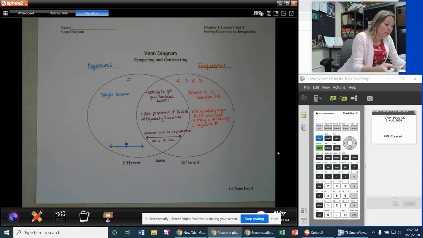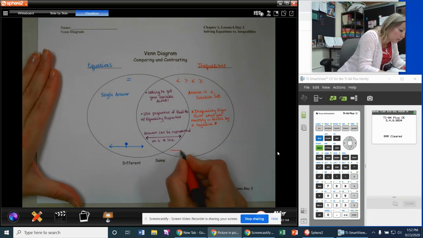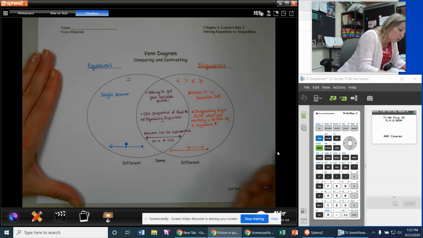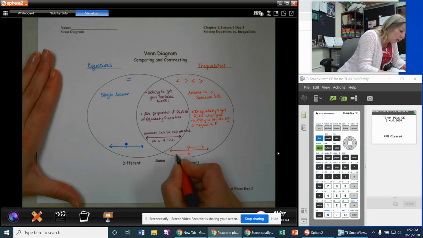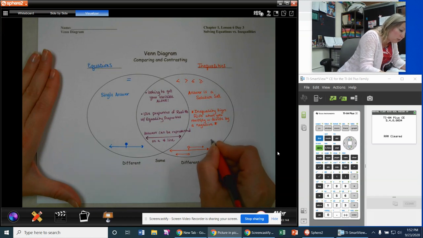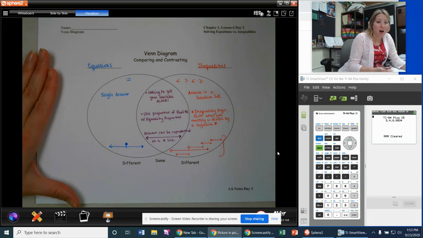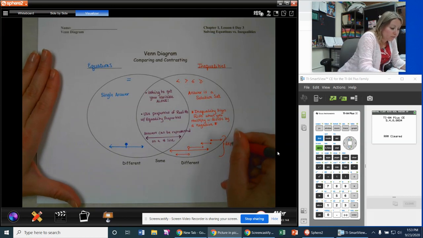But for inequalities, you have tons of options. On your number line, there could be an open circle. Your arrow could go right, your arrow could go left. You could have a closed dot with your arrow going right. You could have a closed dot with your arrow going left. So this all depends on the inequality symbol.